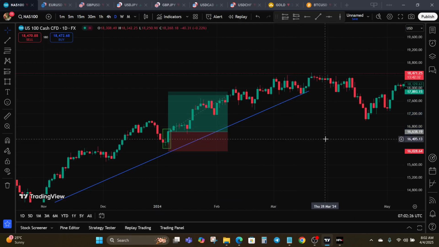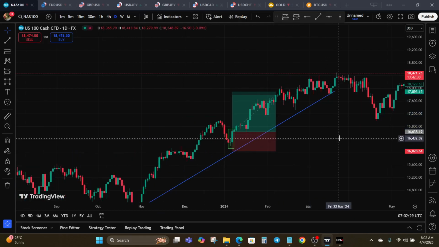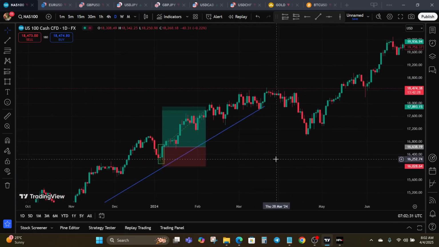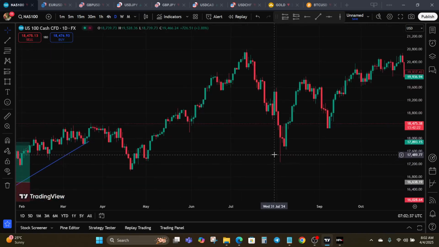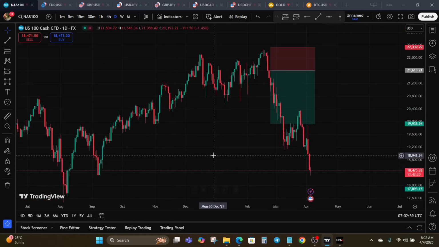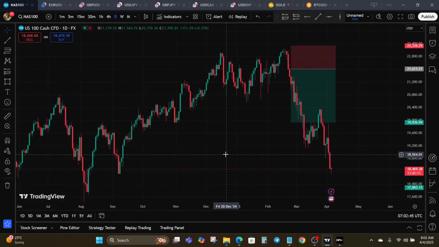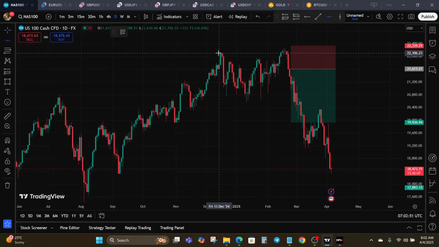Okay. Now, the next way to find tops and bottoms is support and resistance zones. Tops and bottoms often form around key support and resistance. All right, so you look at your chart and mark the horizontal zones where price has reversed before.